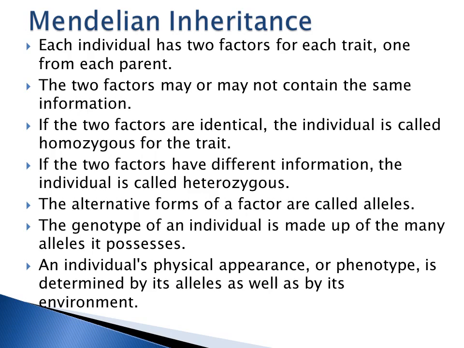If the 2 factors have different information, the individual is considered heterozygous. Alternative forms of a factor are referred to as alleles. The genotype of an individual is made up of the many alleles that it possesses, and an individual's physical appearance, what's called the phenotype, is determined by its alleles as well as the environment.